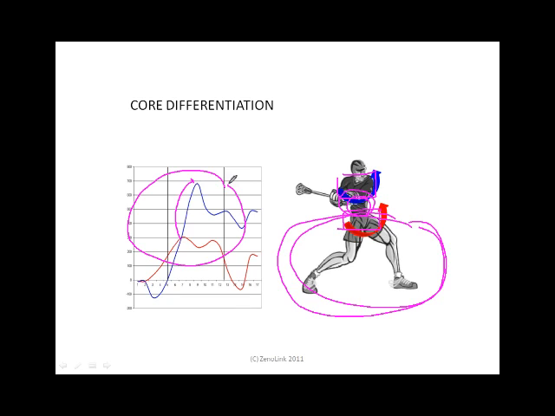And it's another area that lower level athletes struggle with, higher level athletes have developed. So when you're working with your higher level athletes, you want to hone this, you want to perfect this, you want to improve it. When you're working with your lower level athletes, you want to just develop the pattern. Most of your younger kids don't dissociate body segments very well or differentiate body segments very well.